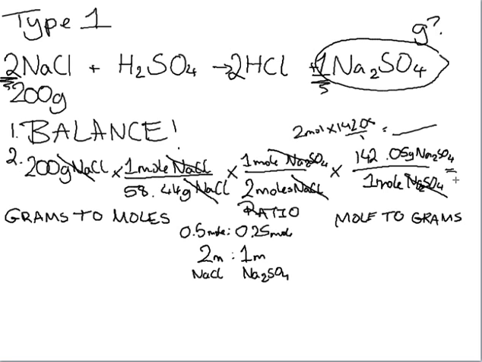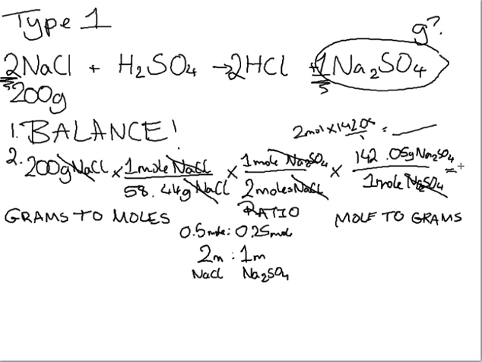So how would you calculate this in your calculator? You multiply all the things on top, the numerators, and the denominators, the things on the bottom. So you do 200 times 1 times 1 times 142.05, and then you get something. Then you divide whatever you got by 58.44 times 2. Make sure you put these in parentheses when you divide.